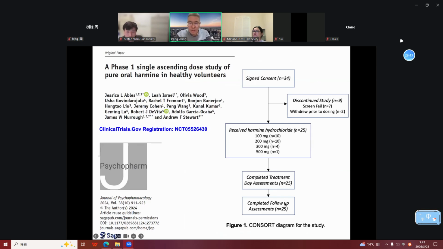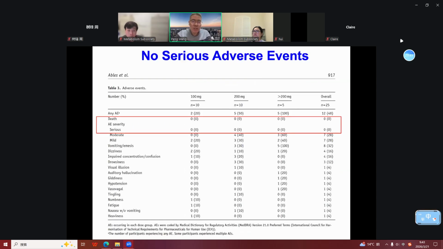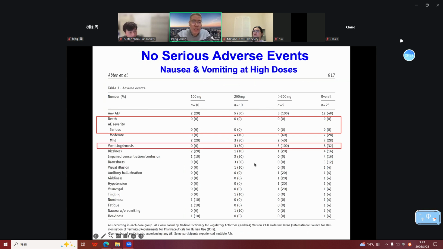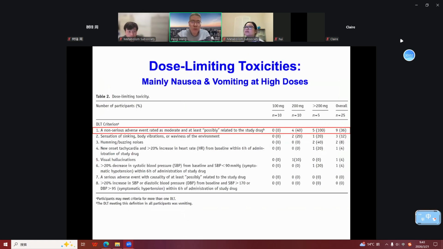These 24 people also finished follow-up and all the assessments. Overall, there were no severe side effects and no deaths, and the only side effect was nausea and vomiting when we used a high dose. We also assessed dose limiting toxicity: no bad side effects, no visual hallucination, and only nausea and vomiting at the higher dose.